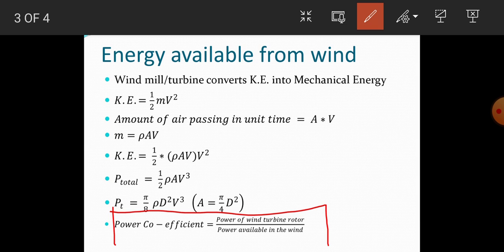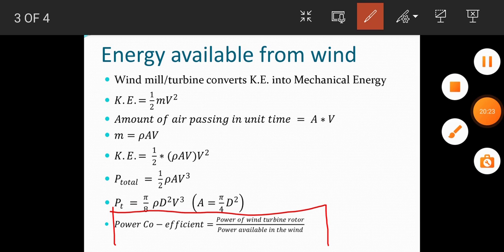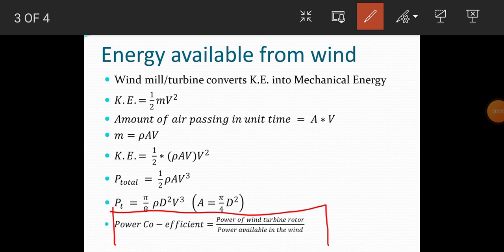So this is the main topic, how much energy is available in the wind and how much we can extract from it. In this lecture we have seen what power the wind has and how much we can extract. In the next lecture we will see how to extract power from the wind.